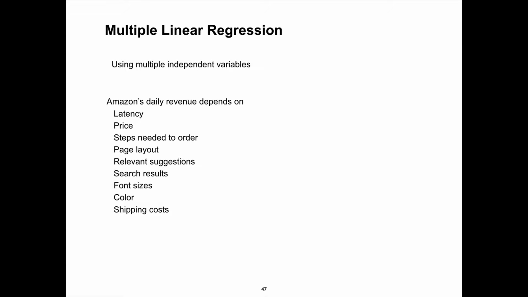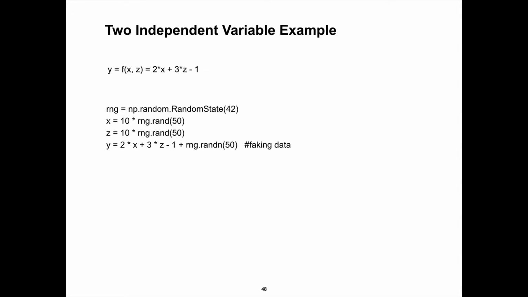And so how do we do multiple linear regression? Simple example again. I have two independent variables, x and z. And then to fake data, what I'm doing is computing that value and then adding some random noise to it.